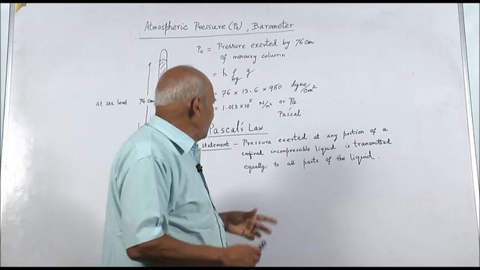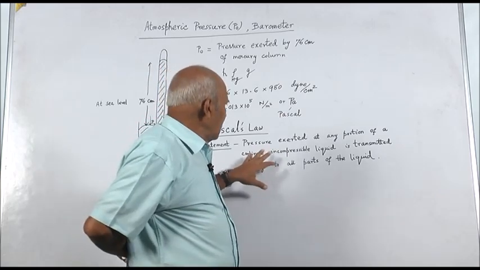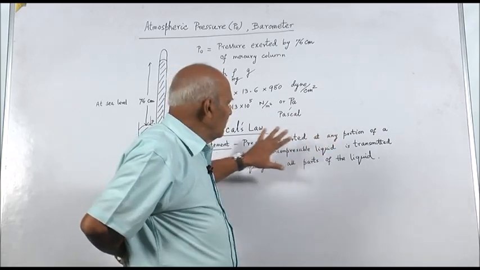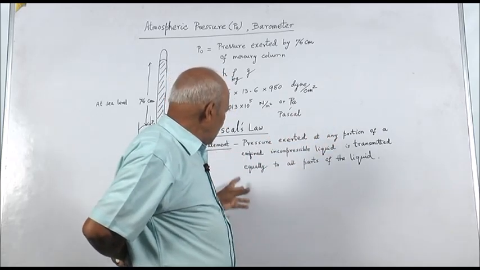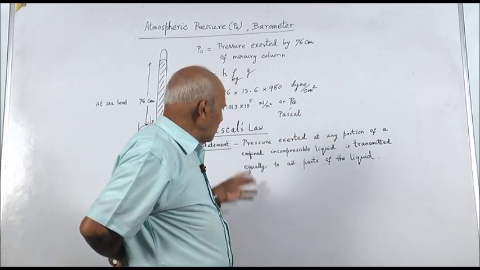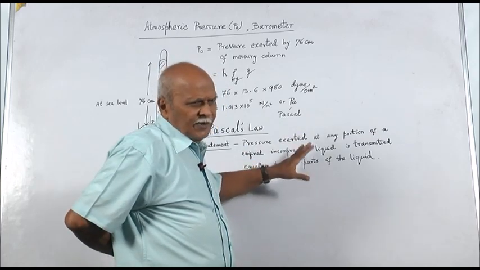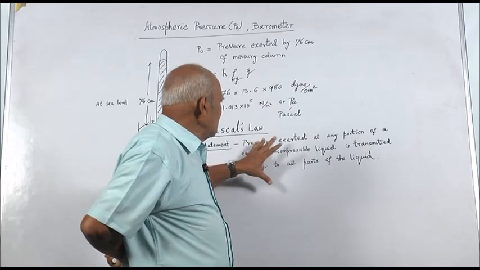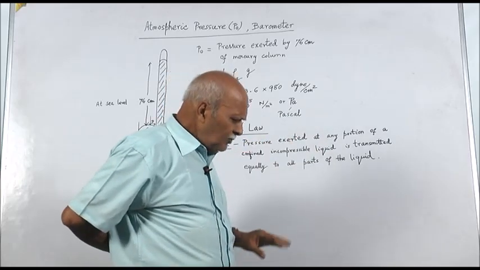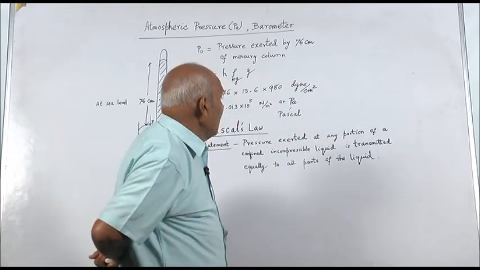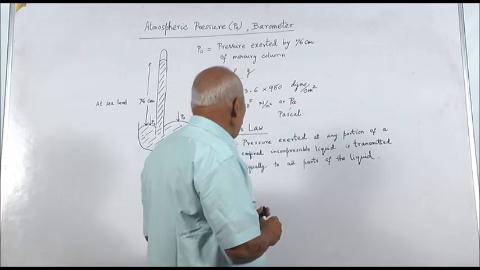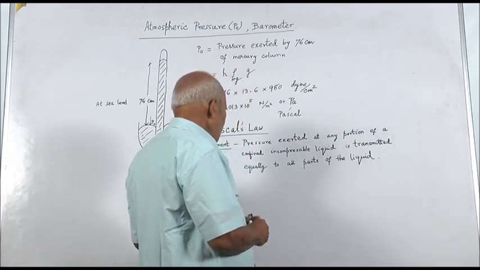So, this is the law, but to understand the law, in the NCERT book they have given a triangular body on which there is pressure, and they explain the law, but it is a very clumsy one. So, therefore, I will give a simpler example.